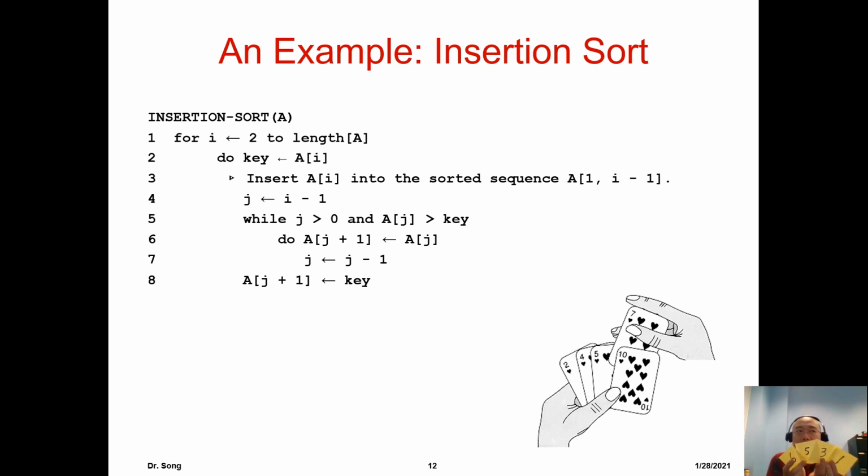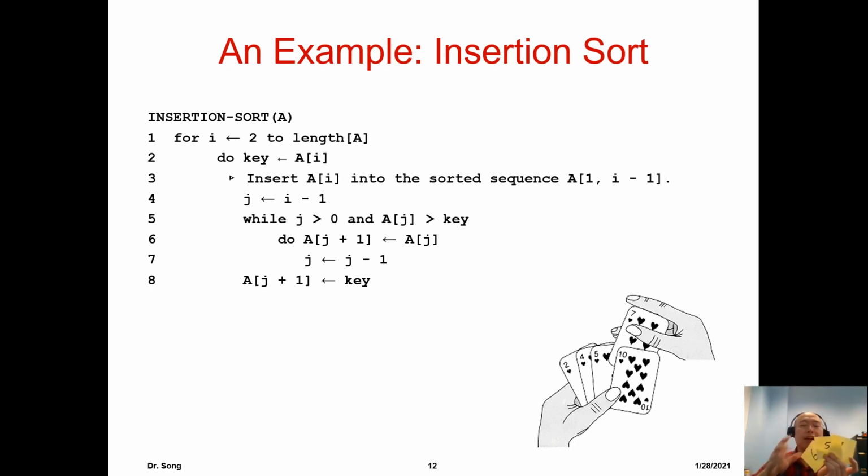So what's the idea behind the insertion sort? In the insertion sort, we are using one hand to hold what? To hold a sorted portion. It doesn't matter what values we have. Say we have 1 and we have 6. Okay, 6 goes here. And then we have 5. 5 goes between 1 and 6.